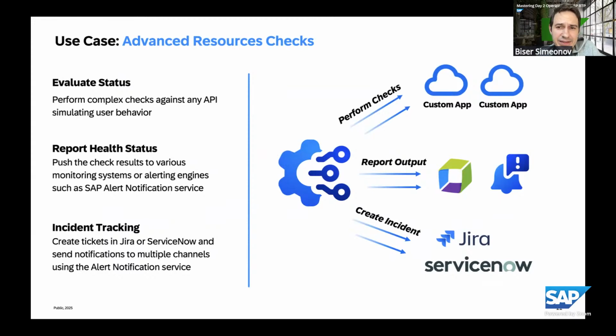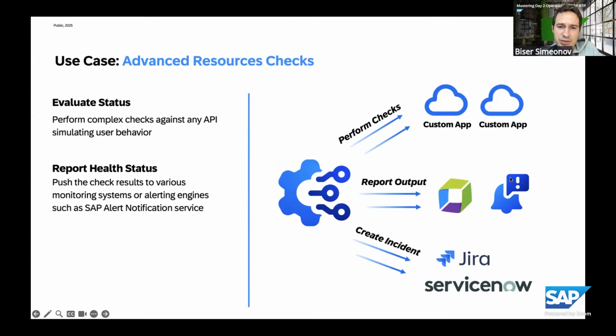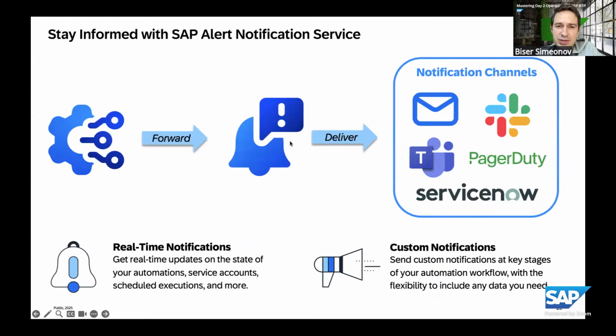So the other use case of the automation pilot is pretty much the same as the one that I had described, but instead we sent an event to the alert notification, and then the alert notification service can create an incident ticket as well.